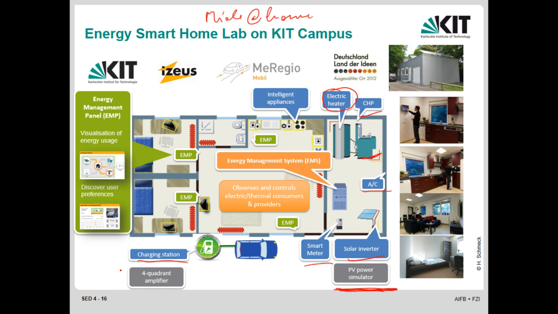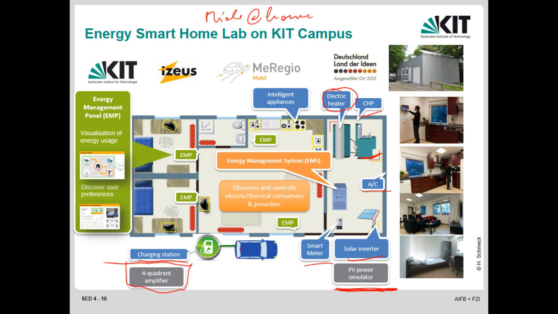And then we have a 4-quadrant amplifier, which is a control element which controls the quality of the power that we get in the house. We are connected there to the medium voltage grid, and have a very stable and very high quality power signal, but there we can generate different power signals.